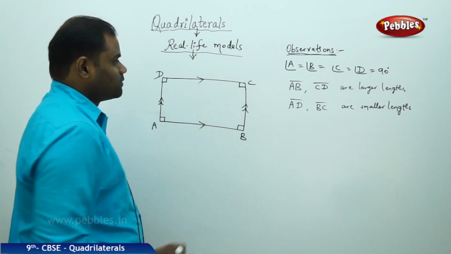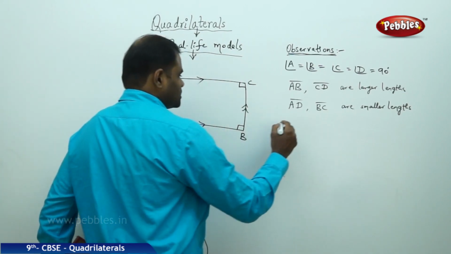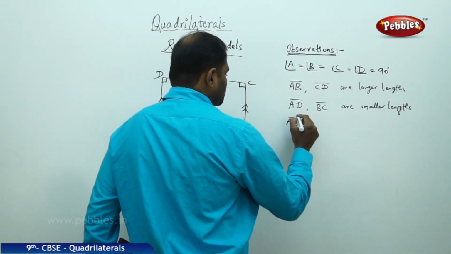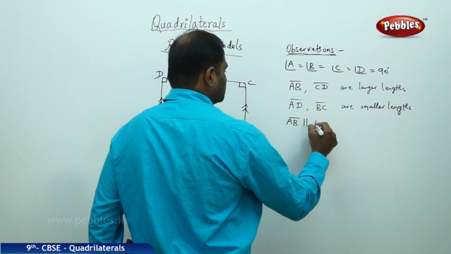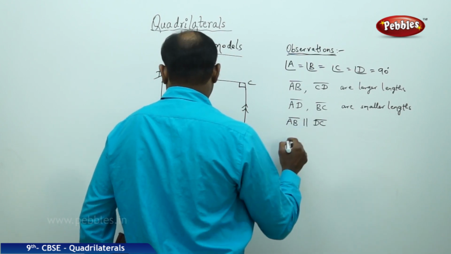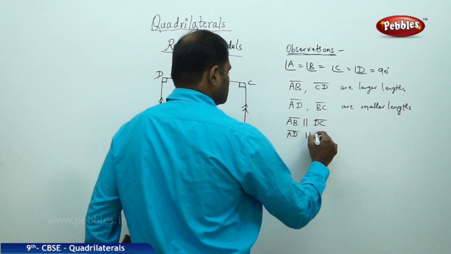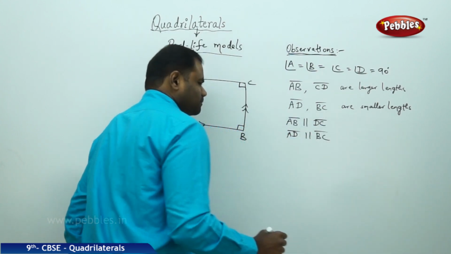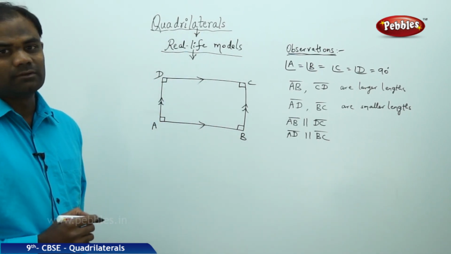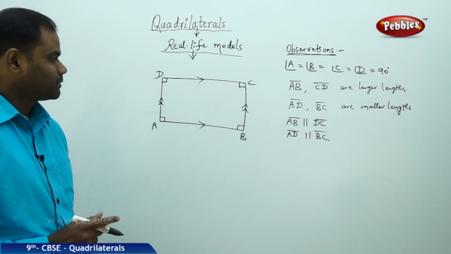So the third observation is that line segment AB is parallel to DC and AD is parallel to BC.